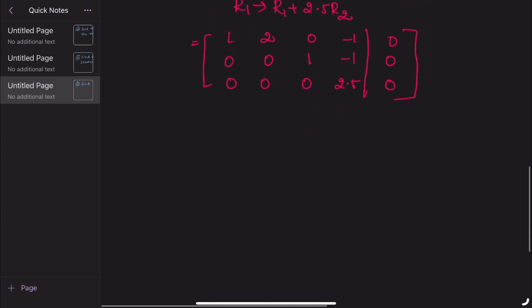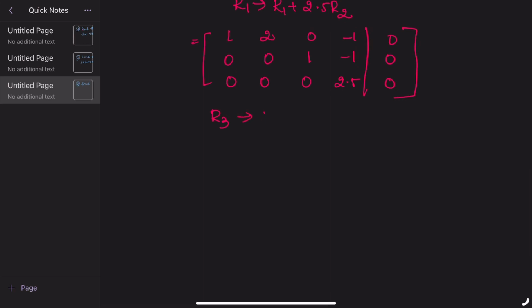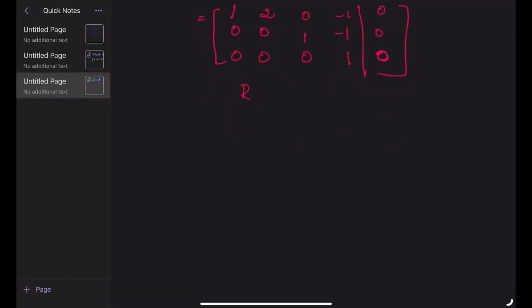Now R3 changes to R3 divided by 2.5, because I want to make it 1. So -1 0, then 0 0 1 -1 0, then 0 0 0 1 0. See how long it takes, it depends on you guys.